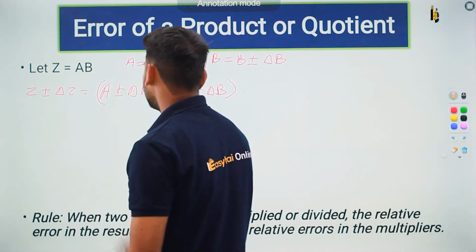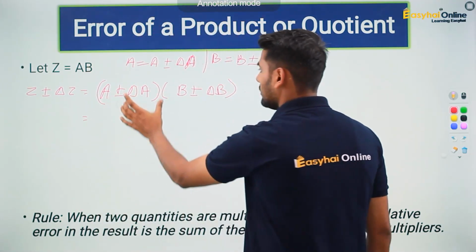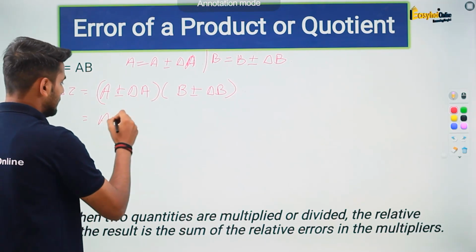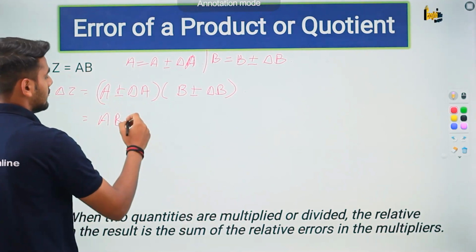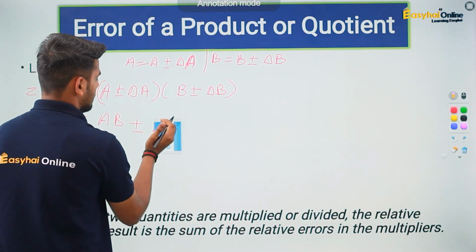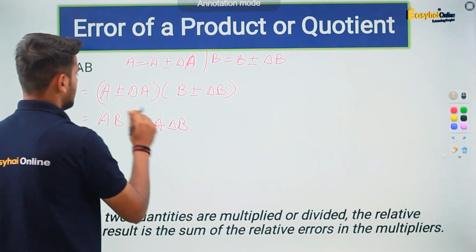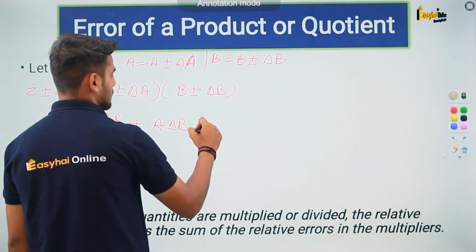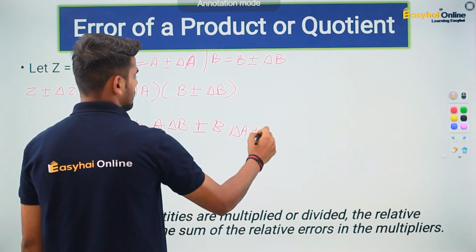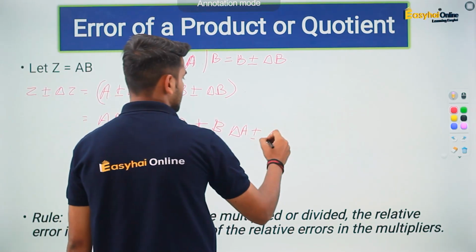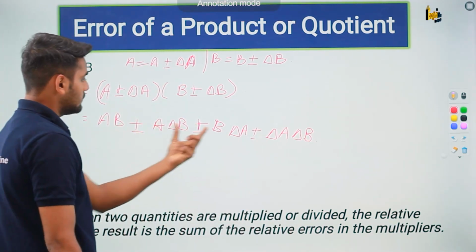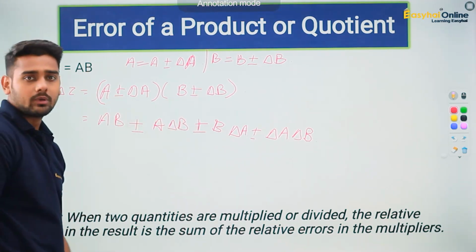Now if you do the multiplication, this is going to be equal to AB, plus minus A delta B, plus minus B delta A, and then plus minus of delta A delta B. So here you have these four terms which are getting multiplied like this.